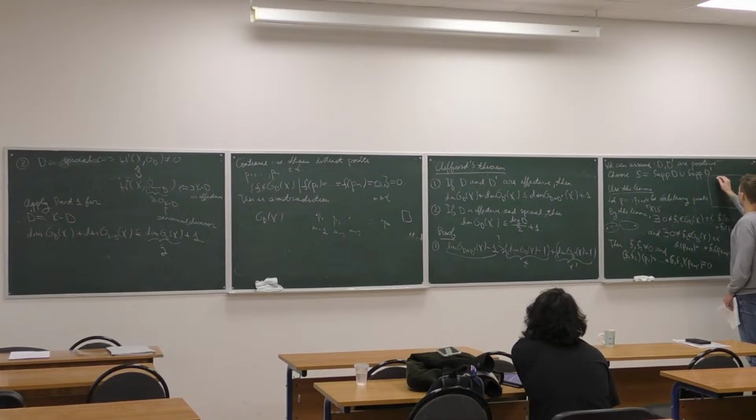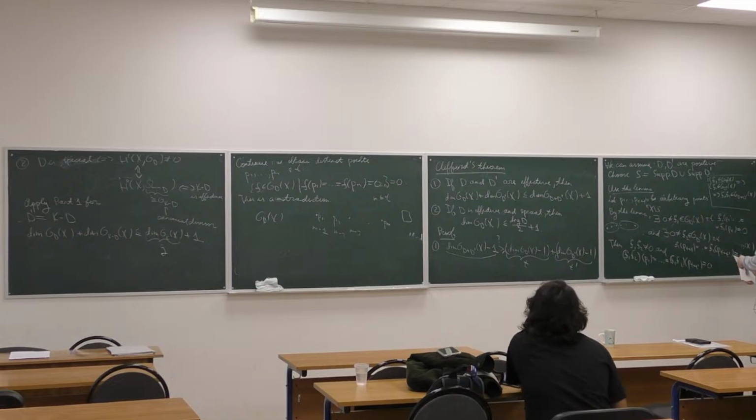If F1 belongs to O_D of x, and F2 belongs to O_D prime of x, then this implies that F1 F2 belongs to O_{D plus D prime}. I used this. So you apply the lemma twice? Yes, twice.